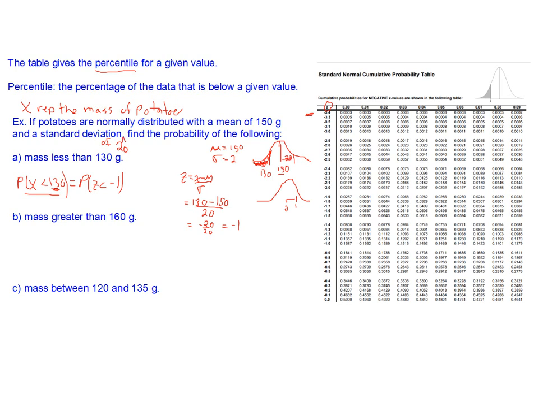I'll show you the other half shortly, but just to keep it all on one page, we can see here that the z value goes from negative 3.4 all the way up to 0 in this column, and then in this row, the columns indicate the second decimal place, or the hundredths spot. So for example, if I looked at this particular value right here, this has a z-score of negative 2.94, because the second decimal place here is a 4. So negative 2.94 in our table would be right here.